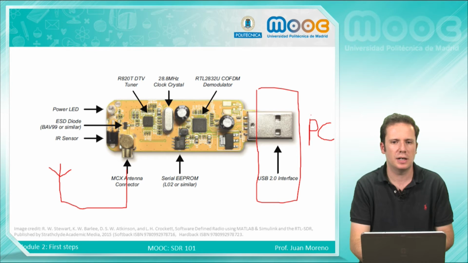Here you have a diode to protect the circuit from electroshock. Here you have a power LED to let you know that the device is powered. Here is the tuner.